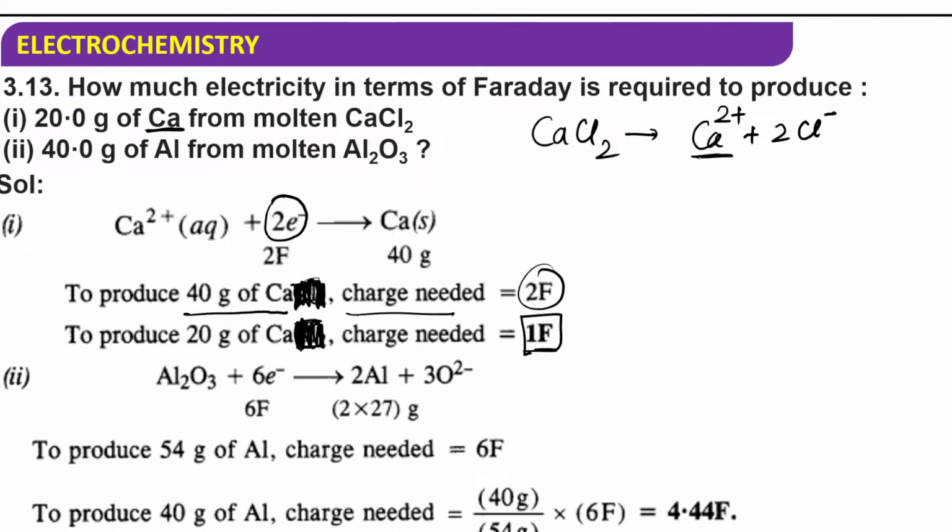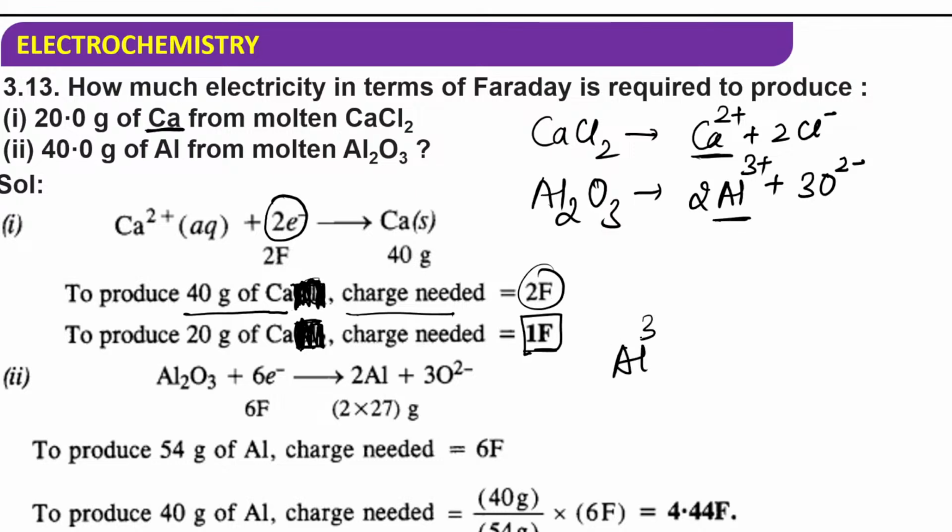Second, Al2O3. See, again molten Al2O3. So in Al2O3, there are 2 aluminium 3+, 3 O2 negative. So aluminium 3+ will gain 3 electrons to get aluminium. You can go like this as well. 3 Faraday of electricity deposits 27 gram.